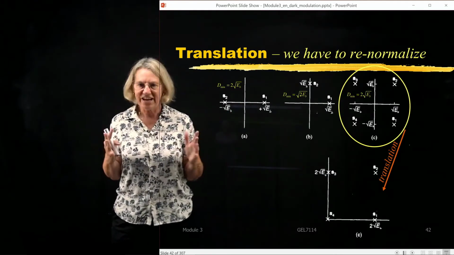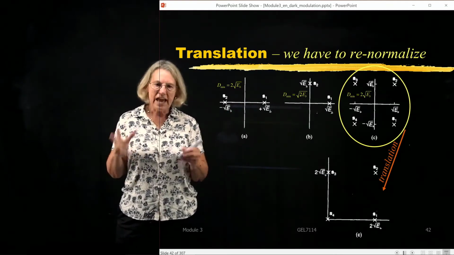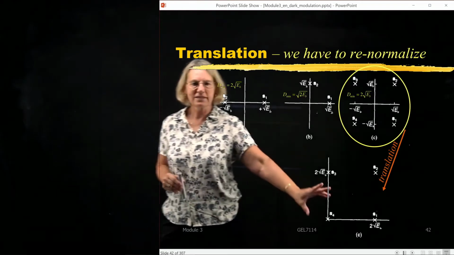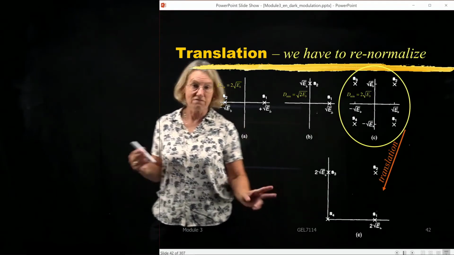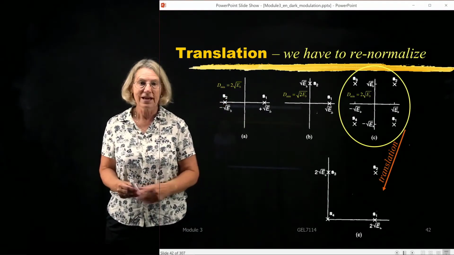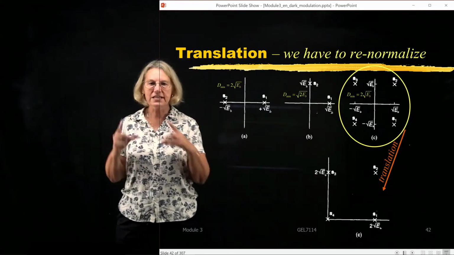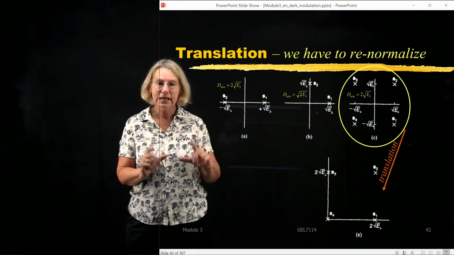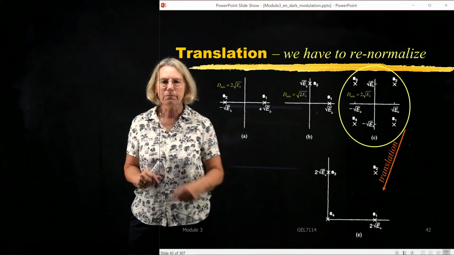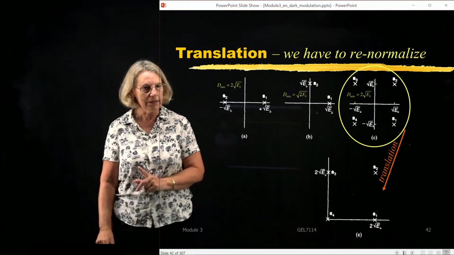Then nothing's changed, right? But we're going to go through the effort, and I'm going to assume that this is a good normalization. I'm going to show that in fact it's not a good normalization, that in this case, if we keep these kind of coordinates but just shifted, we'll actually get an energy per bit which is not equal to EB.